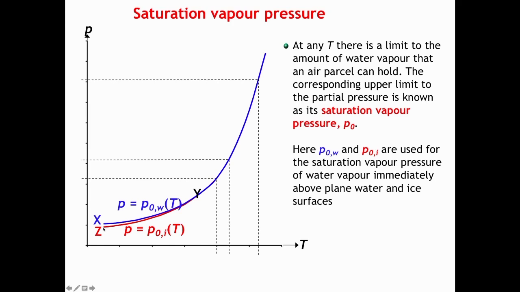And this curve tells you how much water you can have as a function of temperature. So if you've got a relative humidity of 20% in the Arctic and 20% on the equator, which has the highest amount of water vapour?